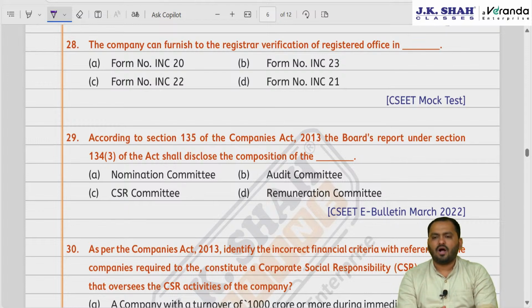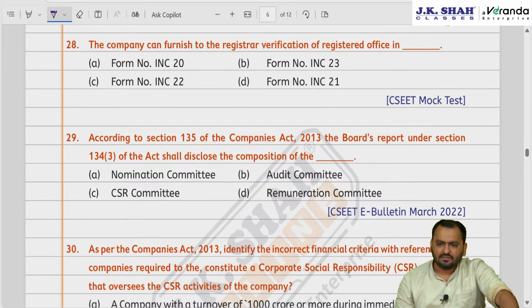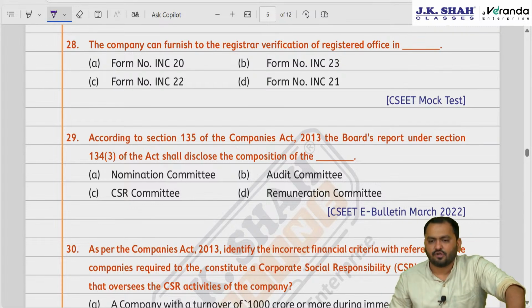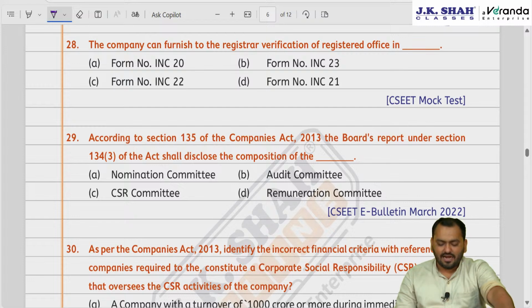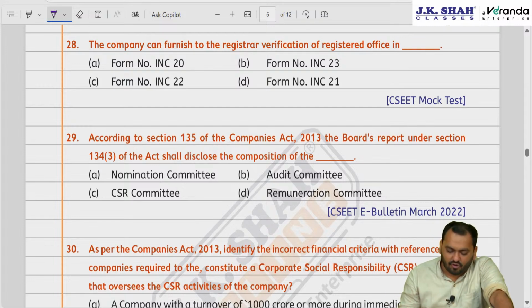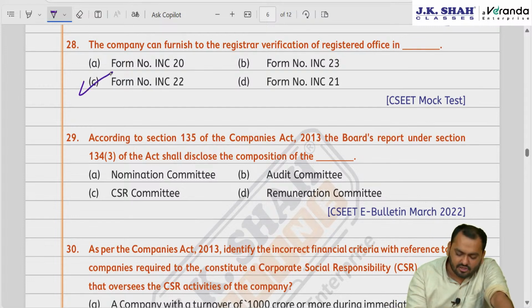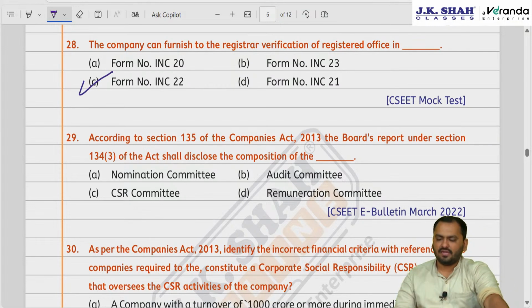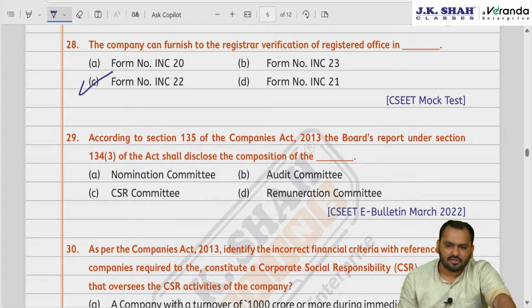Yes. So how you are going to communicate it? So for communication of address of the registered office, maybe in future when there is change in the address of registered office of company, that communication shall be done in form number INC 22. In form number INC 22. INC stands for incorporation, right?